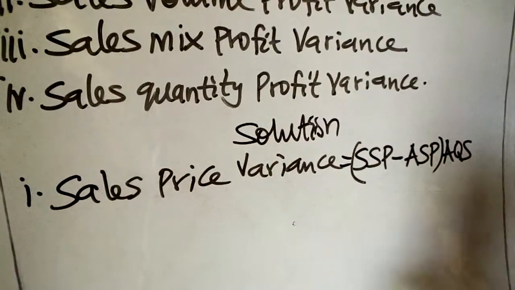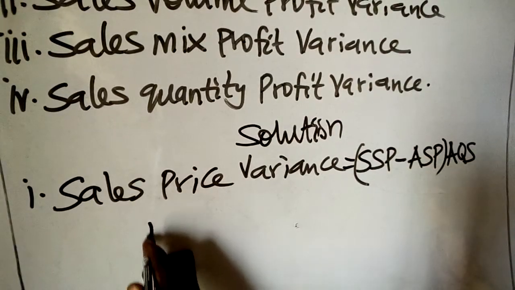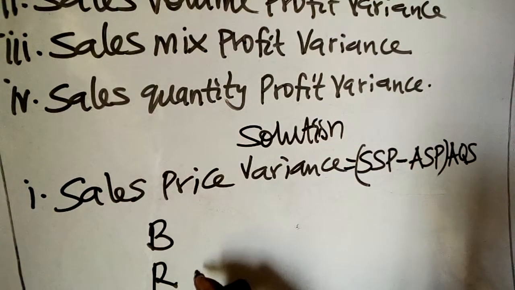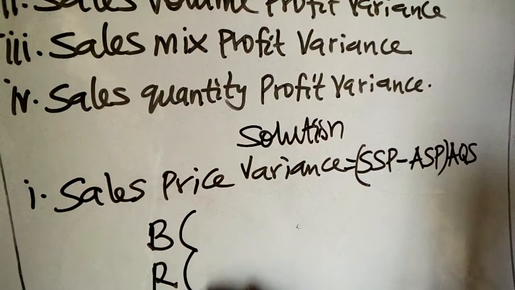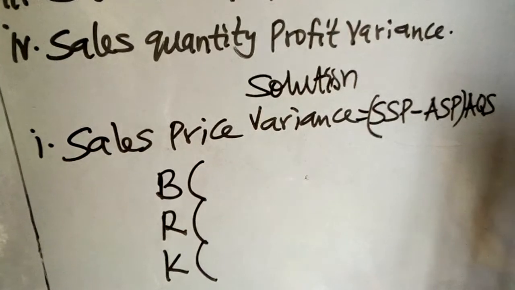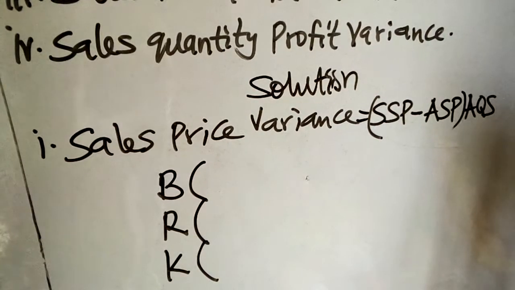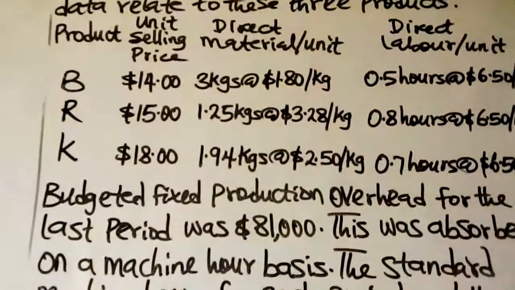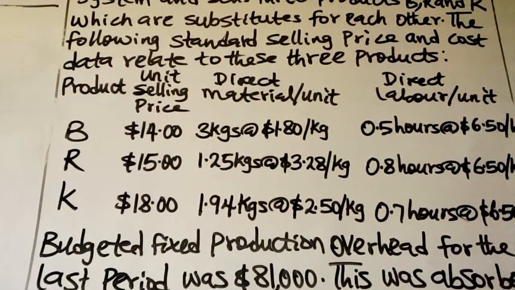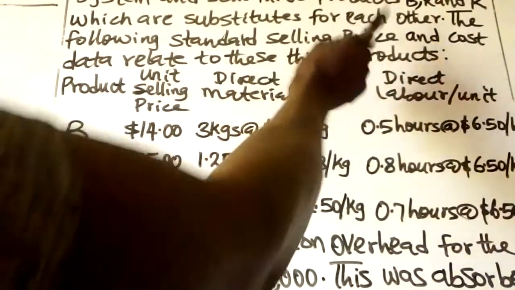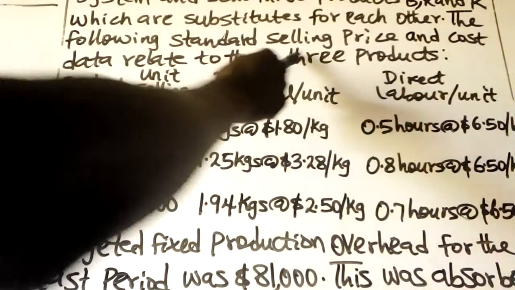So now let's put the products. We have B, R, and K. What is the standard selling price for the 3 products? You go back to the information where you have the standard selling price and cost data relating to these 3 products.